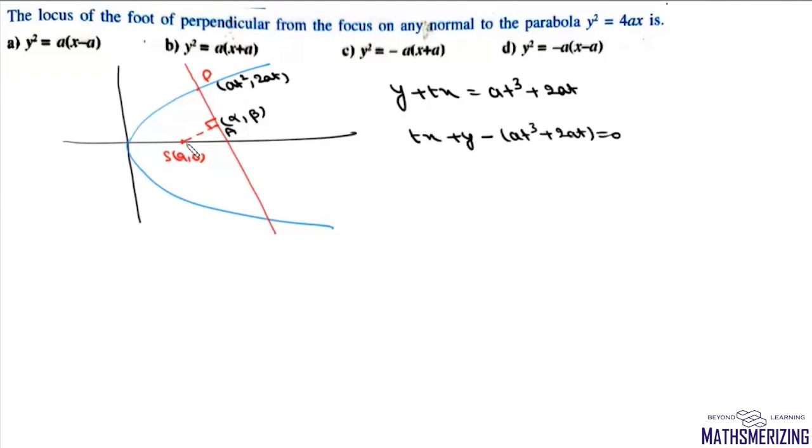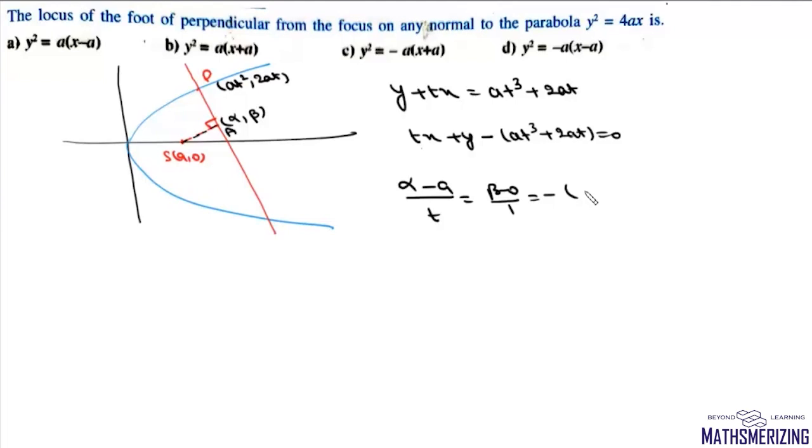Now we'll find the foot of perpendicular from the focus a, 0 on this line. So we can write this as alpha minus a upon t, and this is beta minus 0 upon 1, and this is minus, and then we'll put the value of x and y.